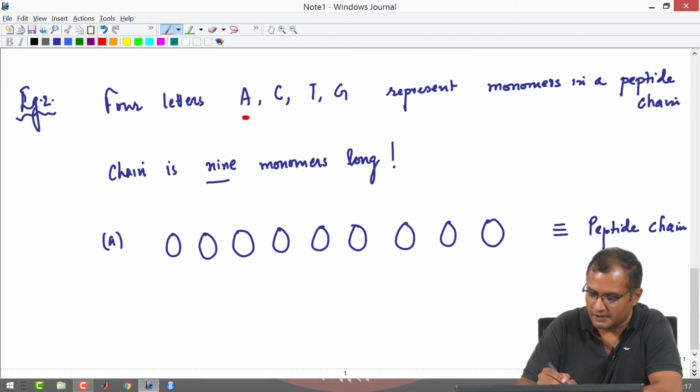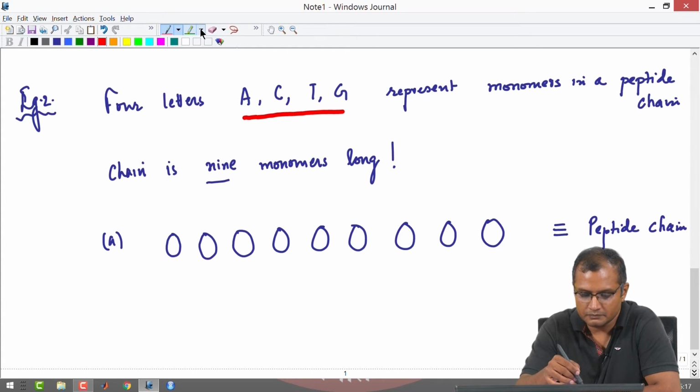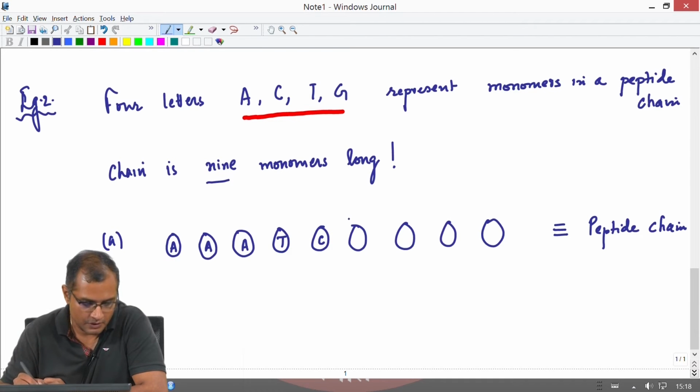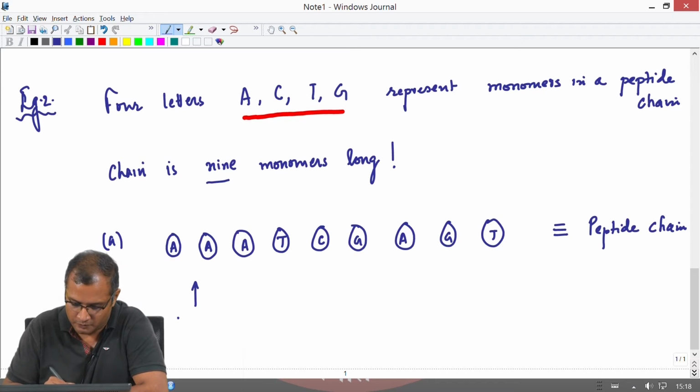Now, the question here is, what is the probability of finding a sequence A, A, A, T, C, G, A, G, T? What is the probability of this sequence?